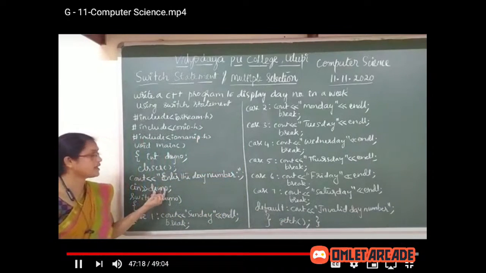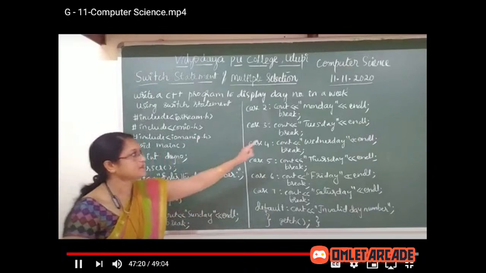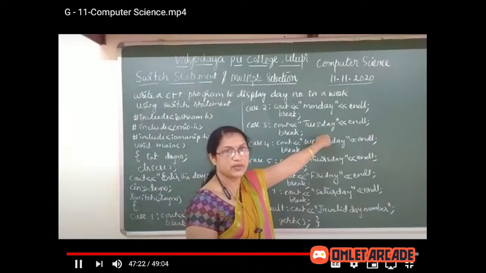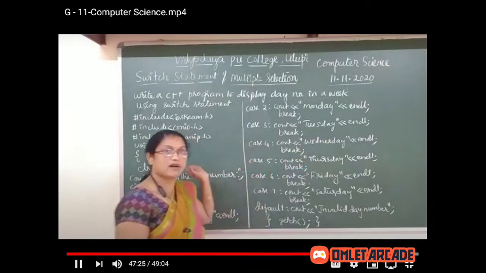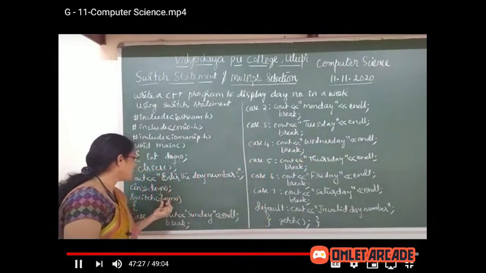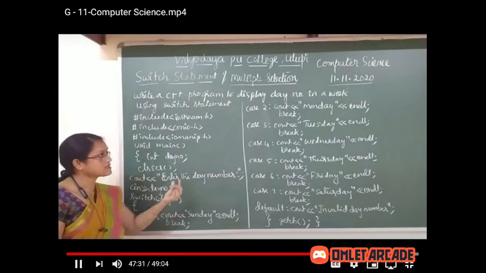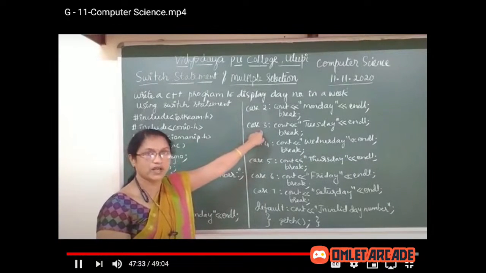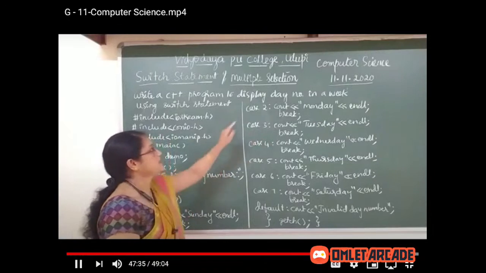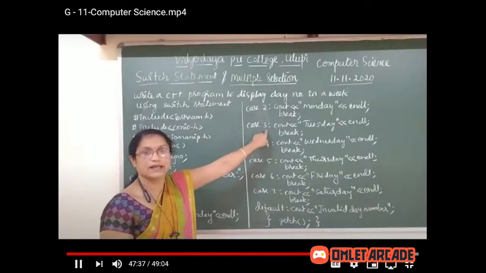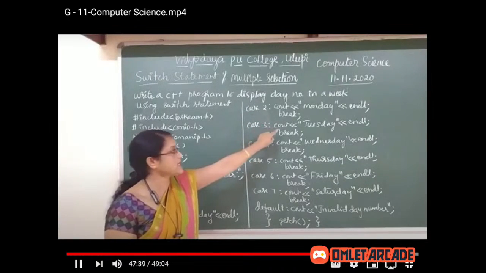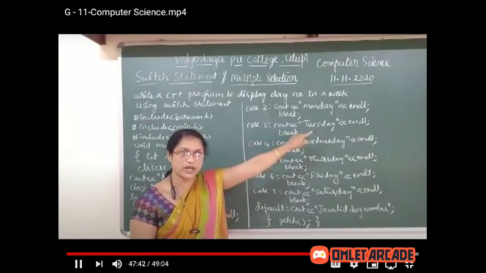In case you enter the day number 3, then Tuesday is executed, because it compares or tests the value of the variable. If you give 3, then it compares with this. First it checks this one, no. This one, no. Then this match occurs. Then the corresponding block of statements is executed.